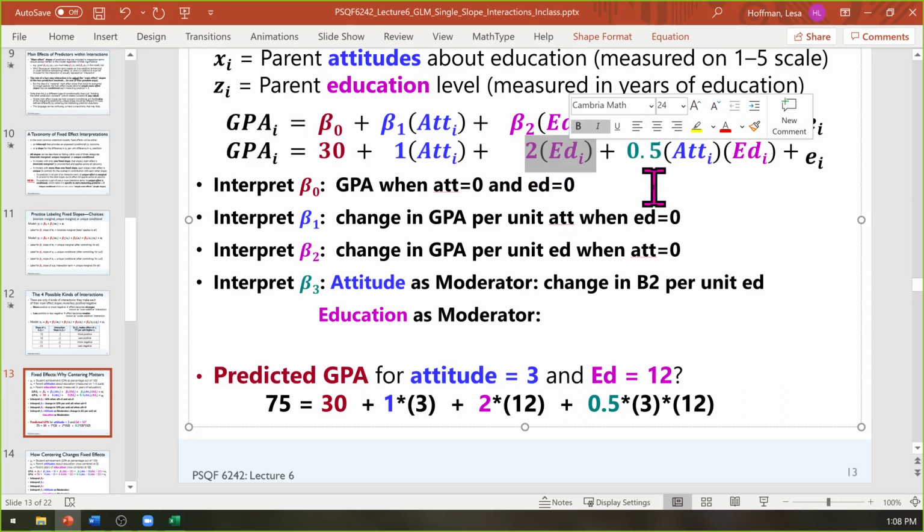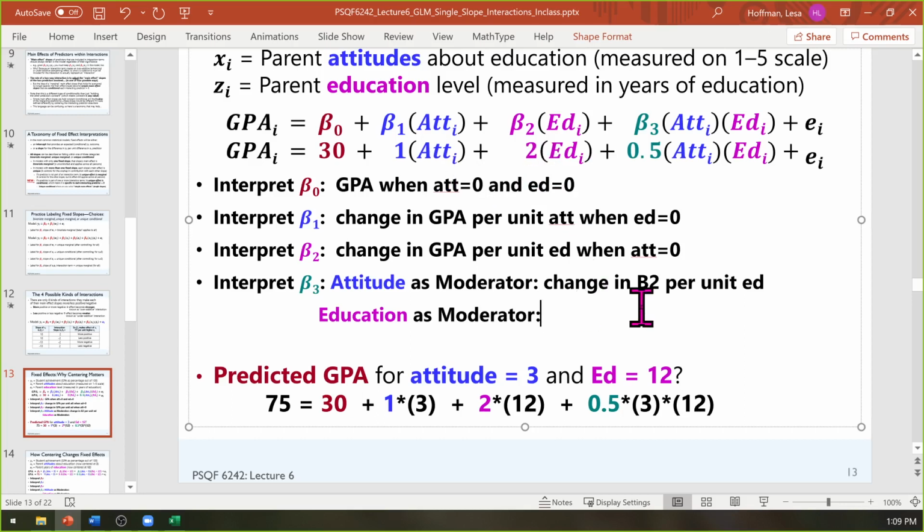So the interaction term changes the slope of the predictor as a function of the moderator. So which of the 4 kinds is this pattern? Attitudes makes the effect of education more positive, less positive, more negative, or less negative. More positive. This is more positive in both directions, actually.